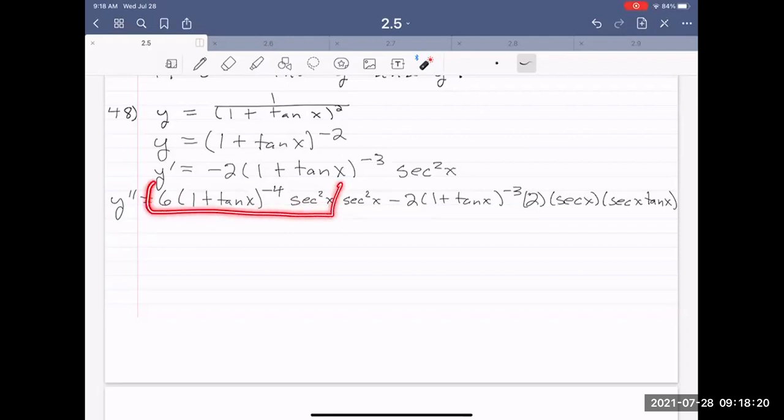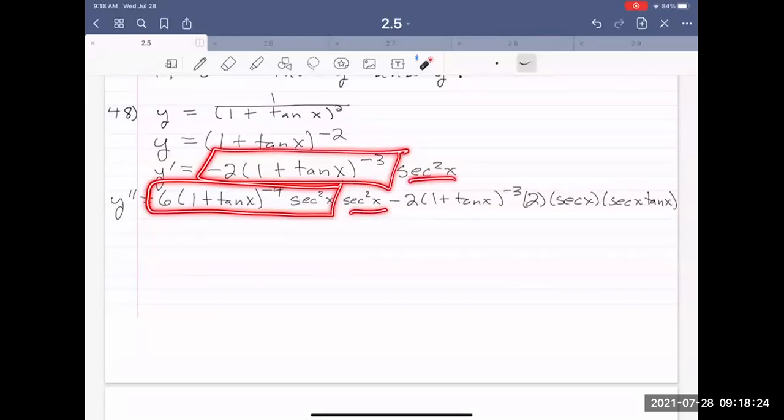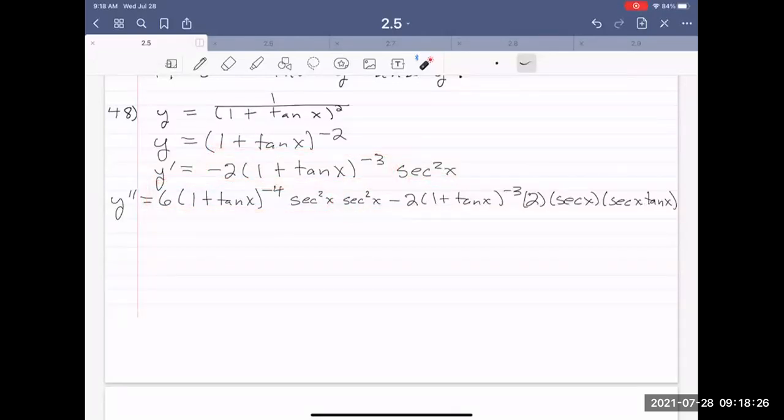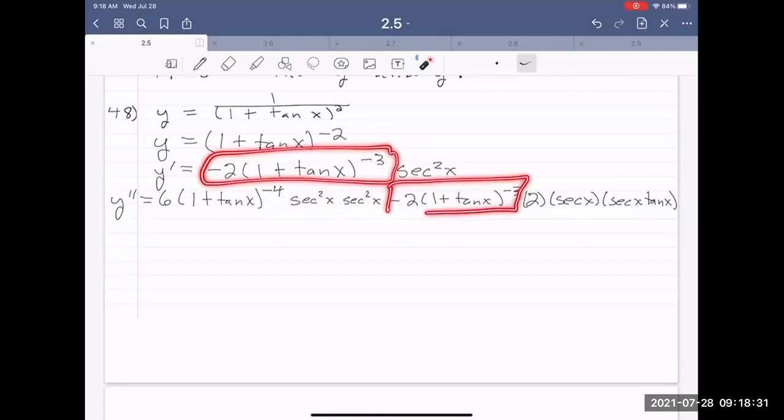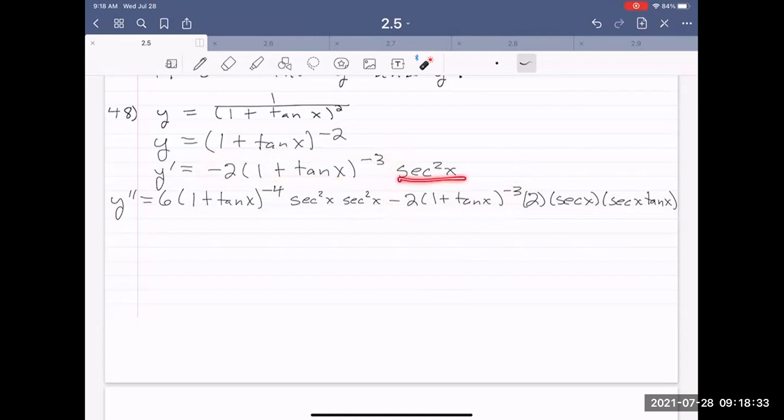So this is the derivative of the first times the second, plus the first times the derivative of the second. So now let's take the derivative of secant squared. Just recall that this means secant of x quantity squared.